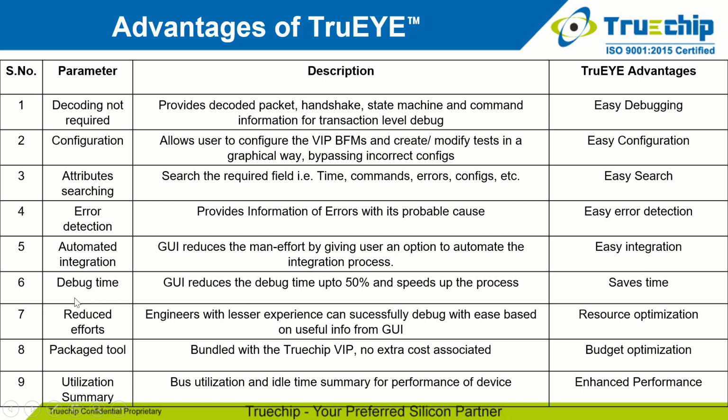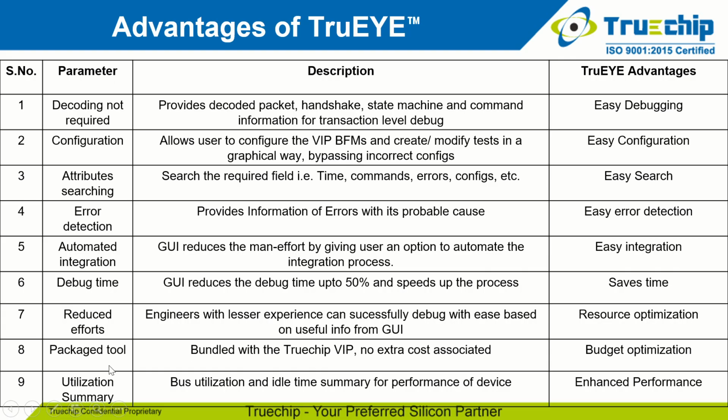Sixth is debug time. The GUI reduces the debug time up to 50% and speeds up the process. Its key advantage is save time. Seventh is reduced efforts. Engineers with less experience can successfully debug with ease based on useful information in the form of GUI. Its key advantage is resource optimization.